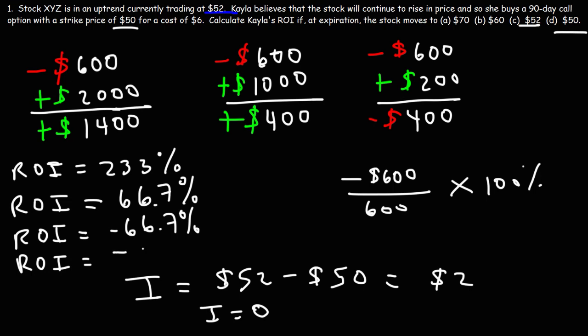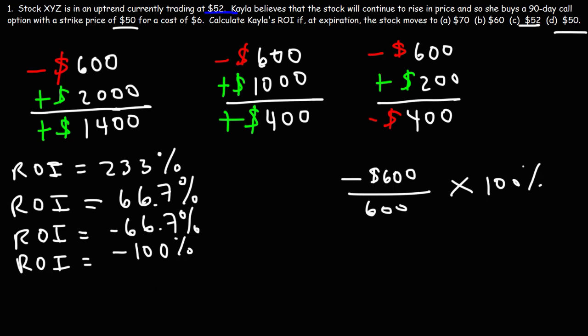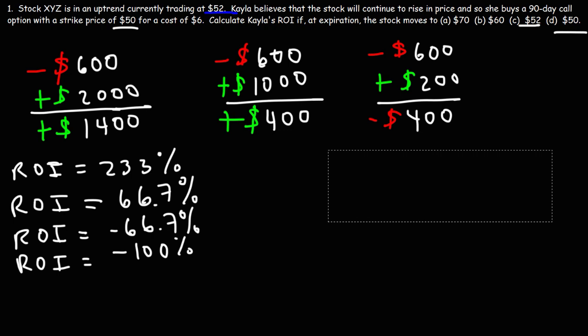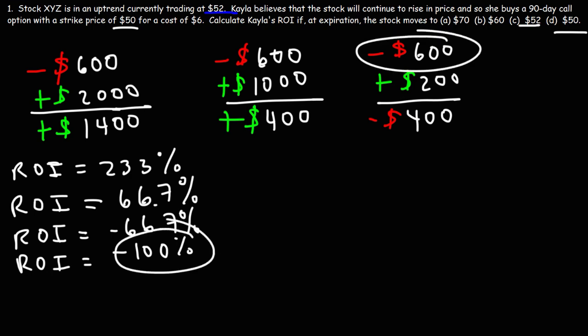So the most that she could lose is 100% of her initial investment. So that's what's going to happen if the stock goes down to 50. If it goes below the strike price of 50, let's say if it closes at 45 or 40, this is the most that she could lose, 100% of her investment. She won't be able to lose more than 600. And so that's one of the advantages of this strategy. The risk is limited. You know the most you can lose, but the gain is not limited.